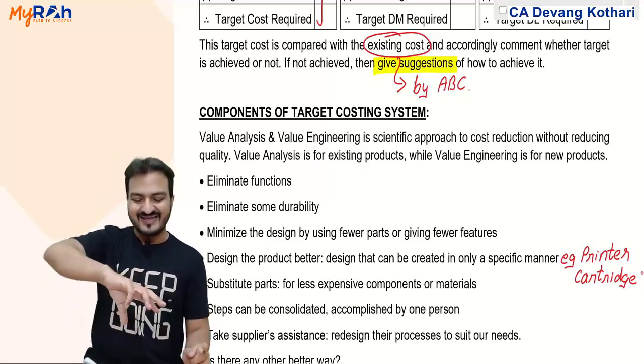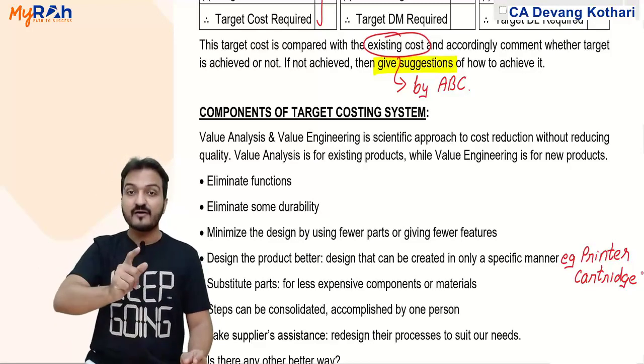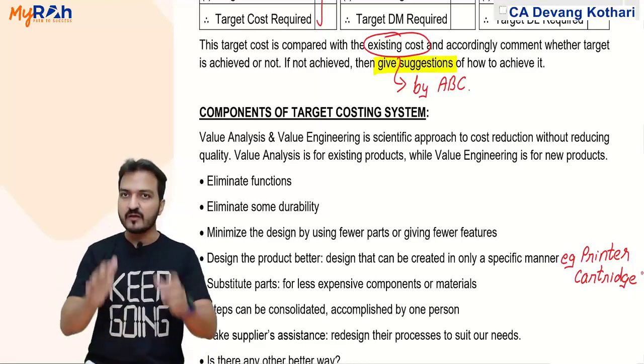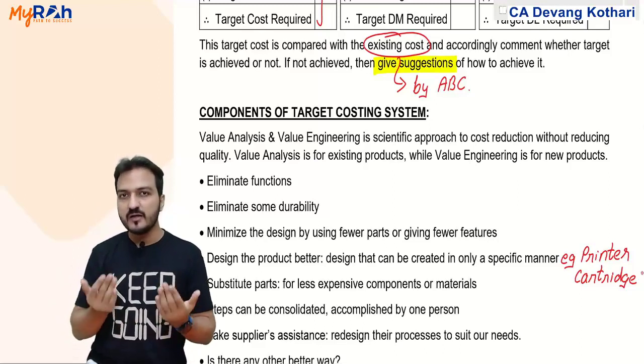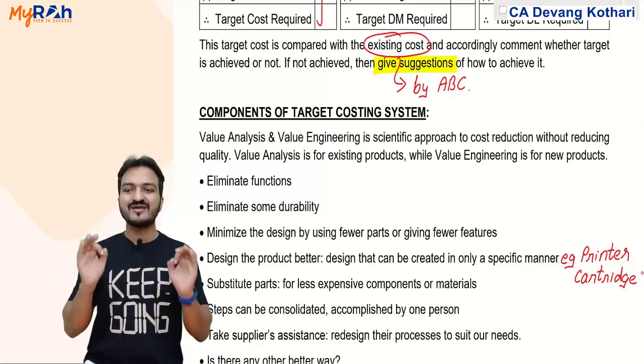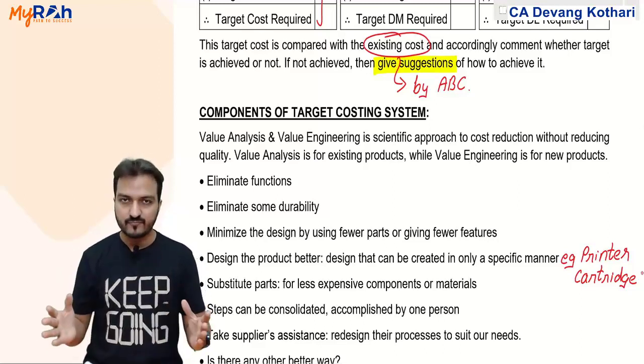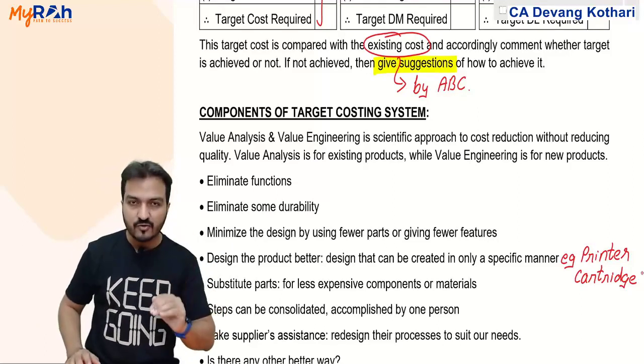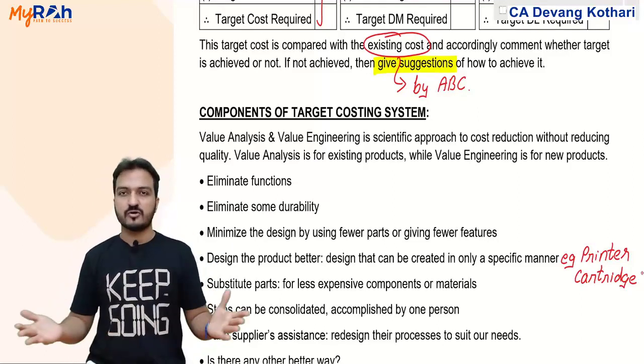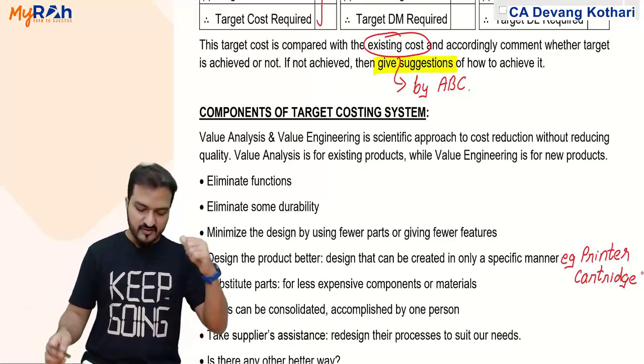If you try to fit it in the reverse direction, the cartridge will not even fit inside. Meaning the cartridge has been designed in such a way that you cannot insert it wrong. You have to insert it in a correct way only. If you insert it wrong, it will not work. Yes, that is designing the product.